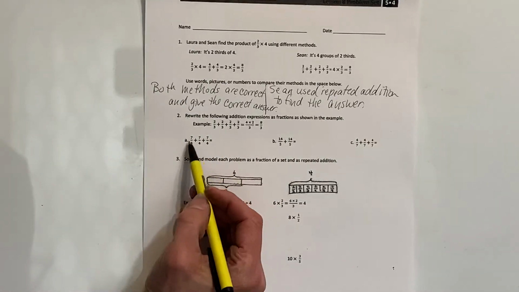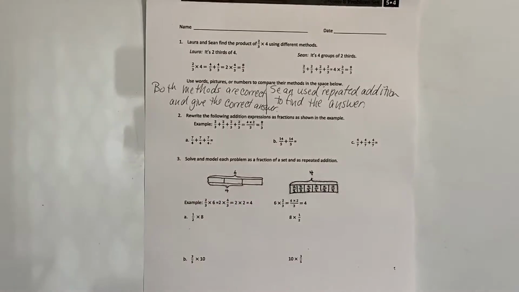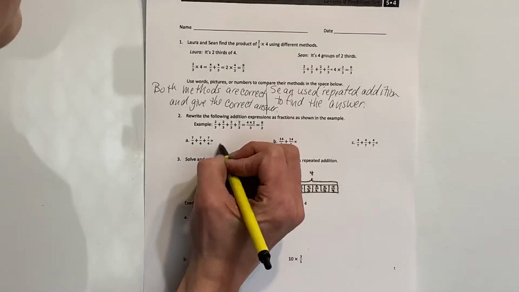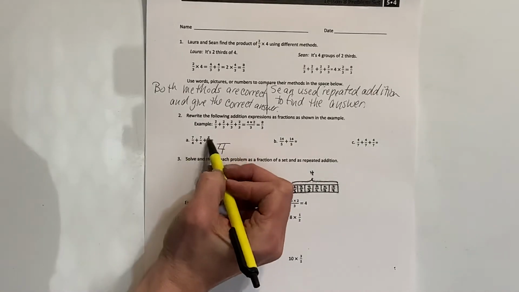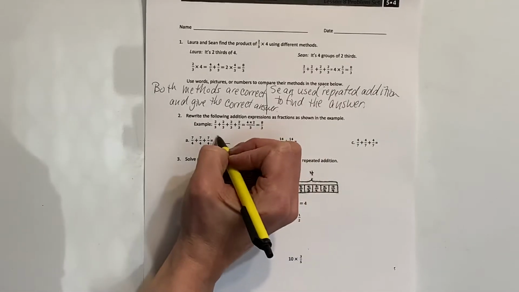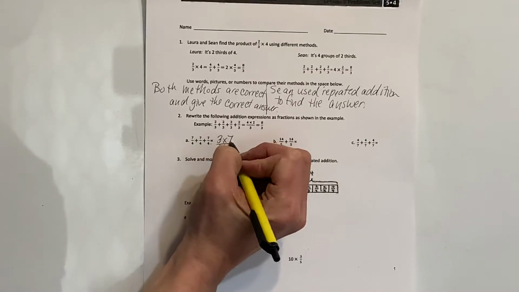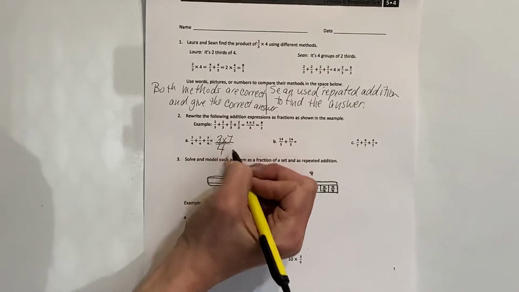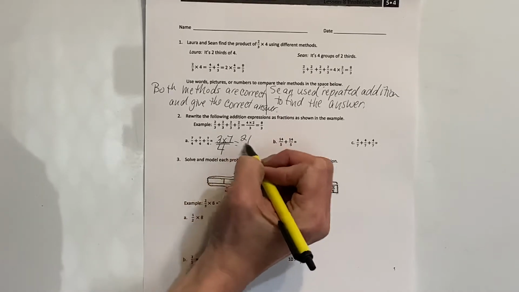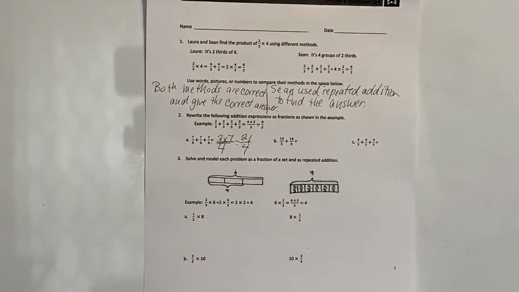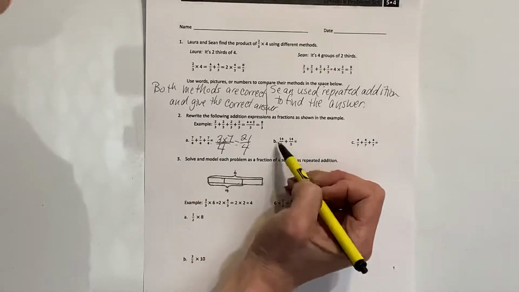So I'm looking here, and I know it's written in fourths. So fourths is going to continue to be my denominator. Now I've got to take a look at how many 7's I have. Well, I have 3 7's, which is the same as 3 times 7. And then 3 times 7 is 21 fourths.